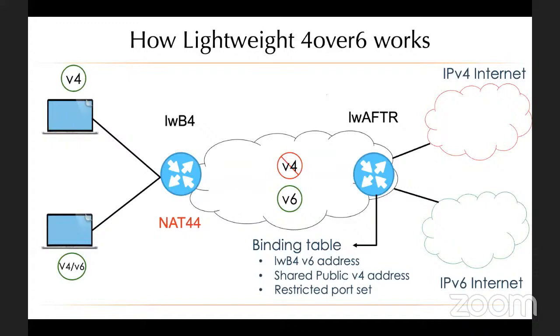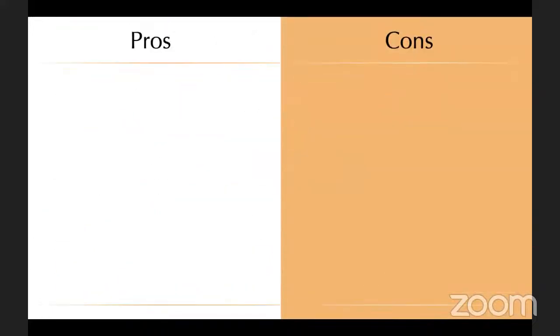So we're going to know where to forward that IPv6 packet once we've encapsulated it. Then the B4 will receive the IPv6 encapsulated packet, decapsulate it, and then do NAT, and then send it to the relevant host. So that's how lightweight 4/6 works, similar to DS Lite, but with the NAT function moved to the CPE.